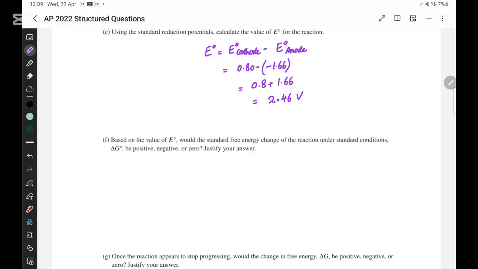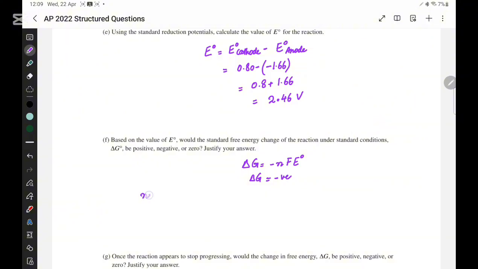Based on the value of E naught, would the standard free energy change of the reaction under standard condition, delta G, be positive, negative or zero? So we have a formula that is delta G is equal to minus nFE naught. So by putting the value of E naught, which is going to be positive, delta G comes out to be negative.